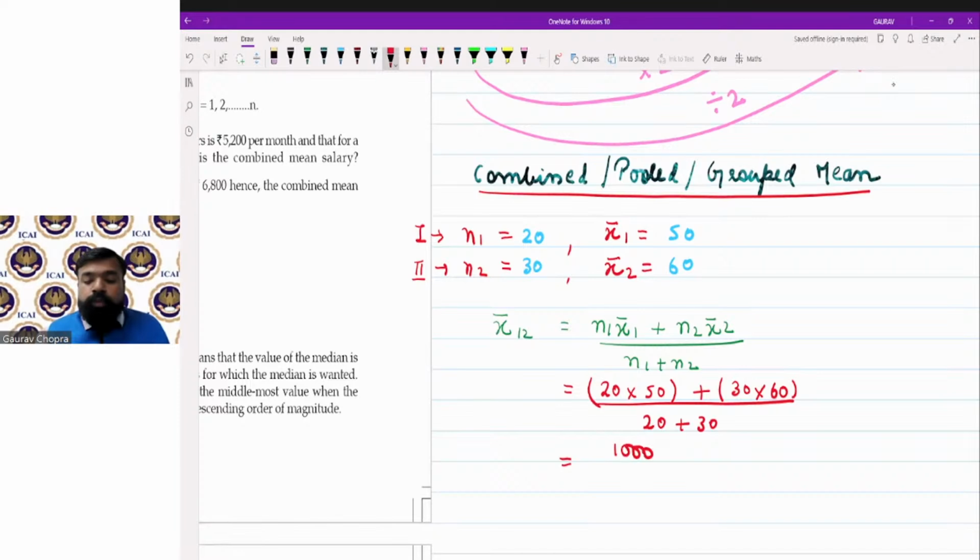So 1000 plus 1800 divided by 50. Now you can calculate the final answer. So how much is the final answer? 56. So X bar 1, 2 is 56. So in this way, we can calculate combined arithmetic mean or pooled arithmetic mean.